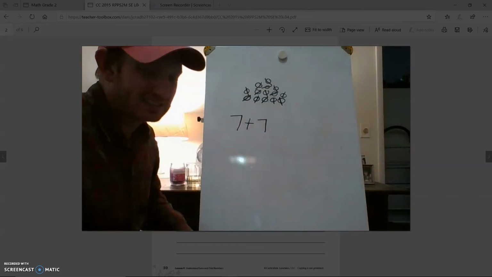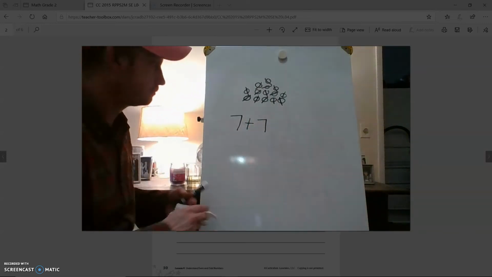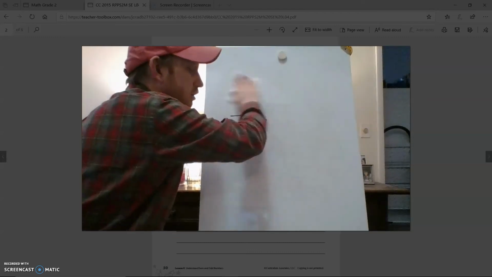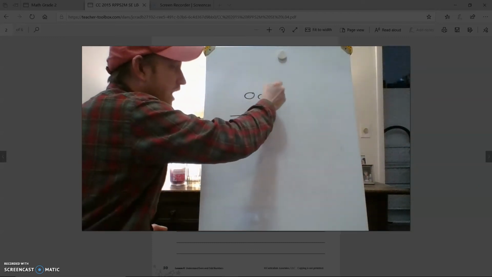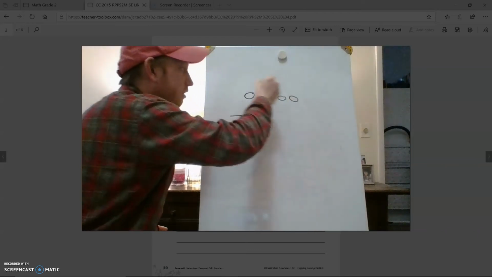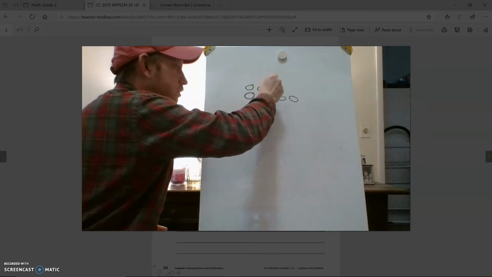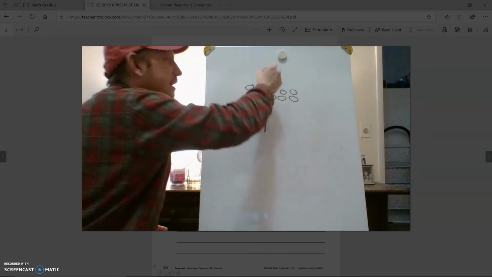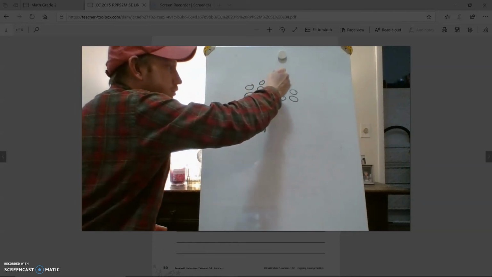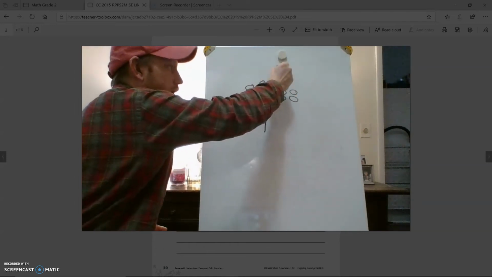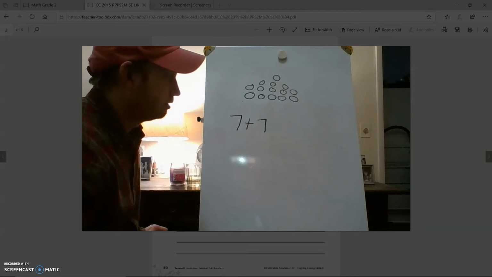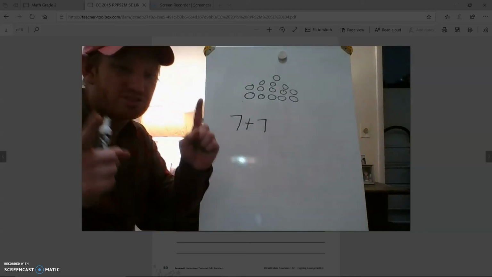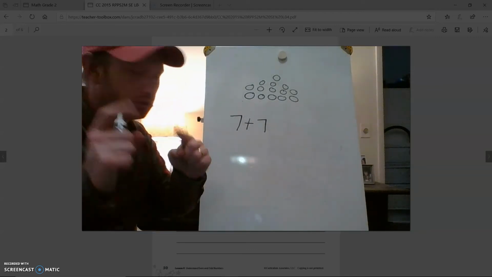Let's draw that again because the picture's a little funky. So again, we had 5, and 5, and then 1, 2, 3, and then 1. And what I did was I counted on each side to make sure my groups were equal.